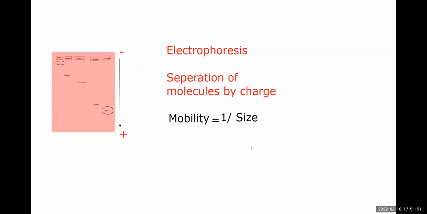If the size is large, the mobility is slow. So that's electrophoresis. Electrophoresis can be combined with DNA hybridization to exactly detect the DNA of the right size. Right? That's DNA hybridization.